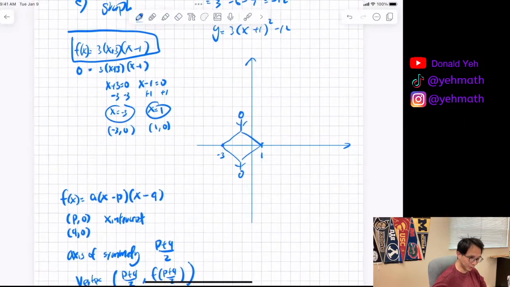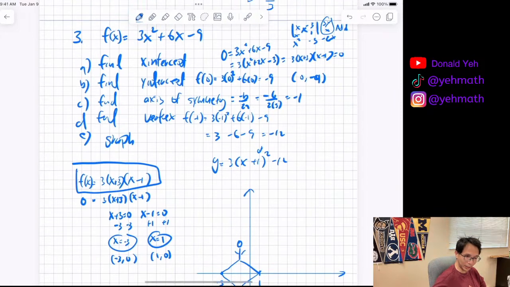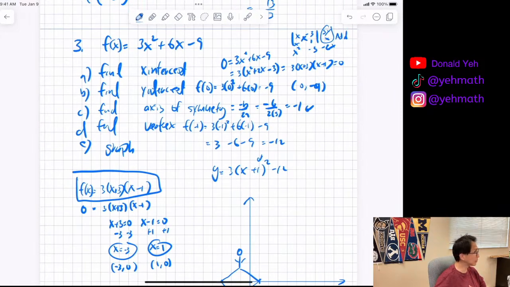Let's check if this is true. What is -3 plus 1 over 2? What is that? -1, right? Is that the same thing I found earlier, -1? A different way to get there. But in the SAT, they prefer this way because sometimes they give you a factor form. Got it?